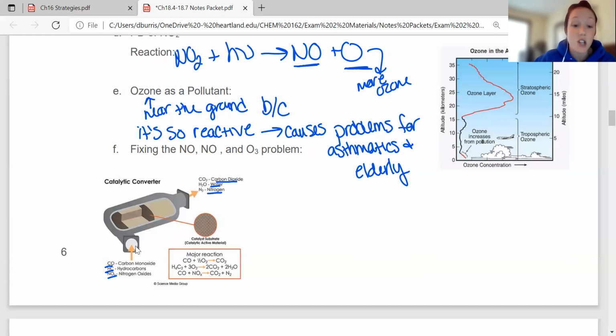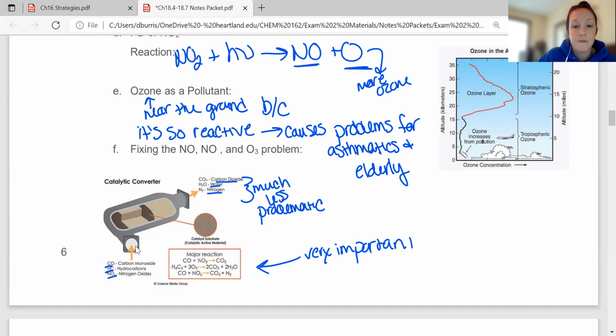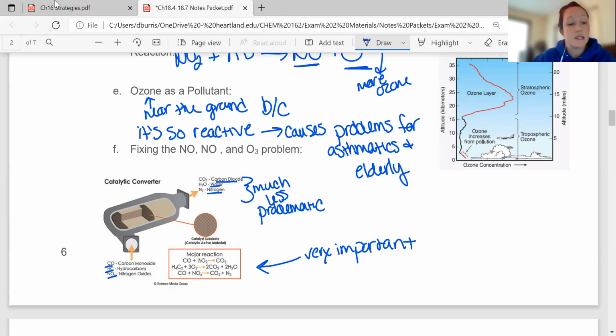So catalytic converters are hugely important in reducing things like smog. These ones are much less problematic. And these reactions where it's breaking them down are very important. Catalytic converters, huge help for reducing smog and pollutants in the atmosphere.